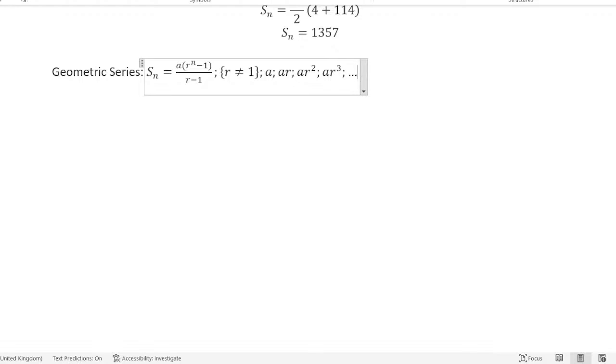So this formula applies if we have a series of this, right? So now let's just have one problem. Number 3, use a formula to find the sum of the first 7 terms of the series.